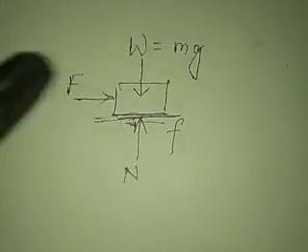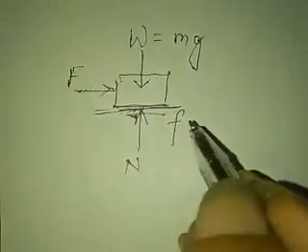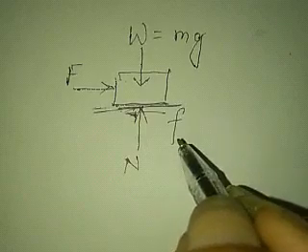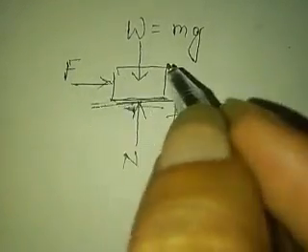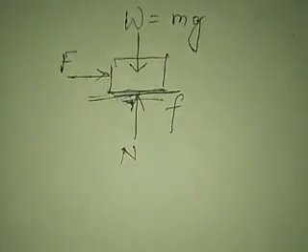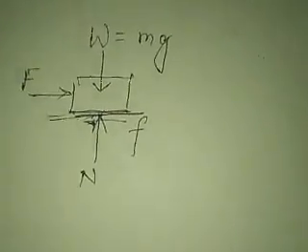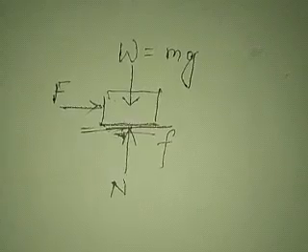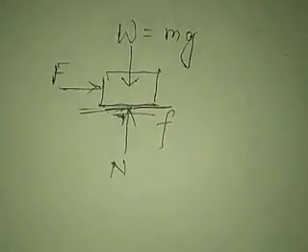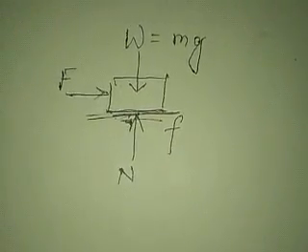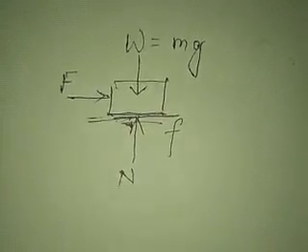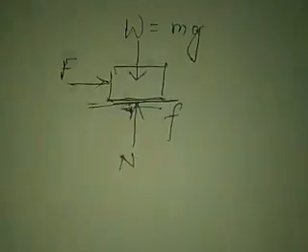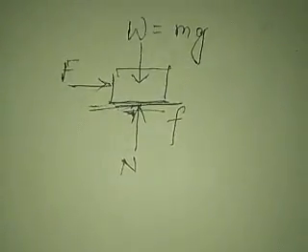So if force is not strong enough to cross the barrier of this frictional resistance, this object will be at rest in a relative frame to the observer. So if the observer is also not moving, then you can see that it is static. Static means that it is not moving.